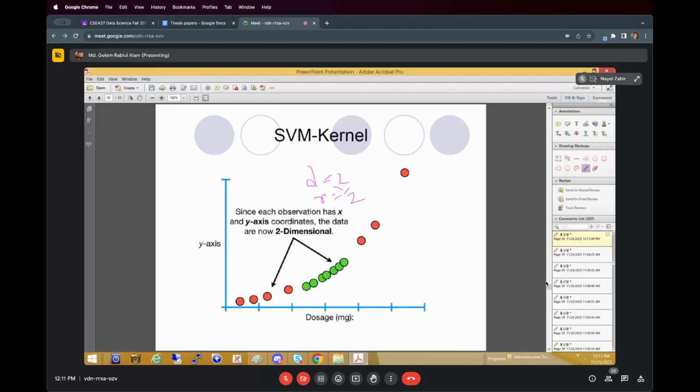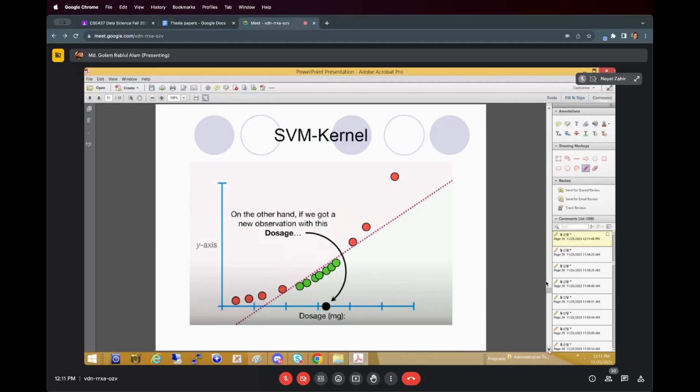And now we can see that we can draw a linearly separable line to separate positives from the negatives. Here is that line. We can select this kind of line.